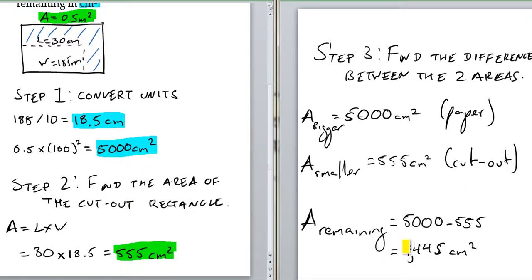Now, it's really important that you do the first two steps that I've done in this question. Try not to rush ahead. So it's really important to draw the diagram where possible, and it's also really important to convert the units as soon as possible. If you don't do those two steps, you're much more likely to stuff up. If you do those two steps and just follow through with the numbers that you get, then it's much easier to get to the right answer at the end. So that was question 8.